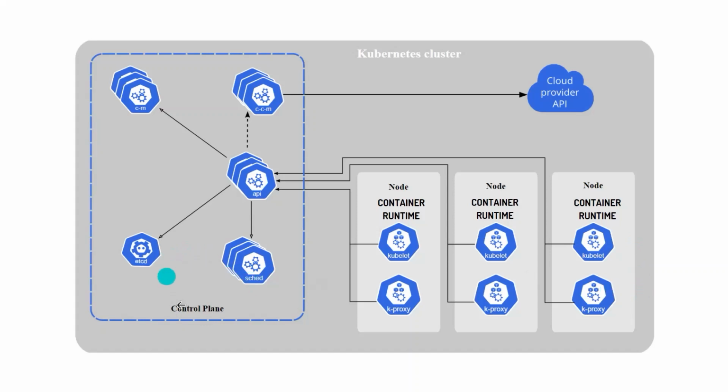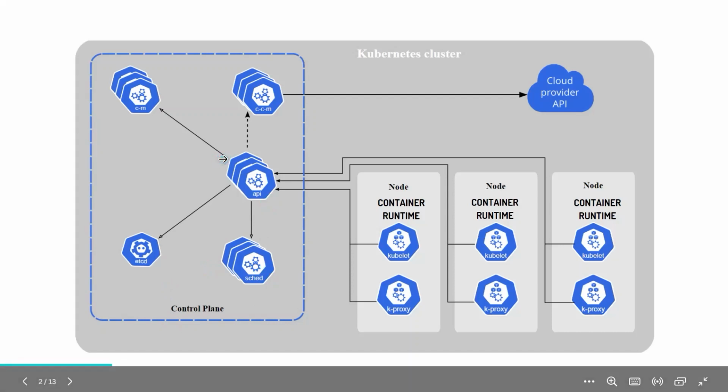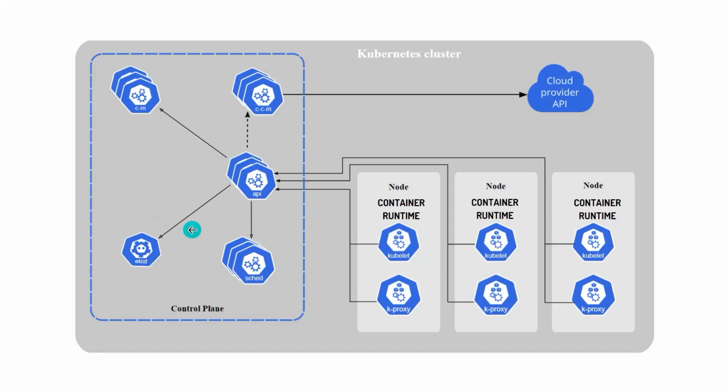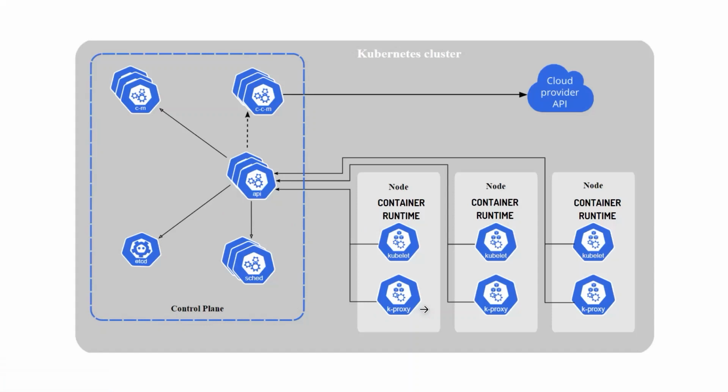The control plane or the master node is the brain of the Kubernetes cluster. These control plane components manage and monitor the state of the Kubernetes cluster. The worker node components, on the other hand, provide the services for running the containers and host the actual application containers.